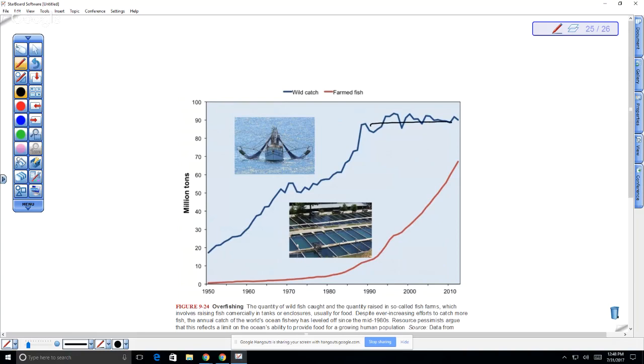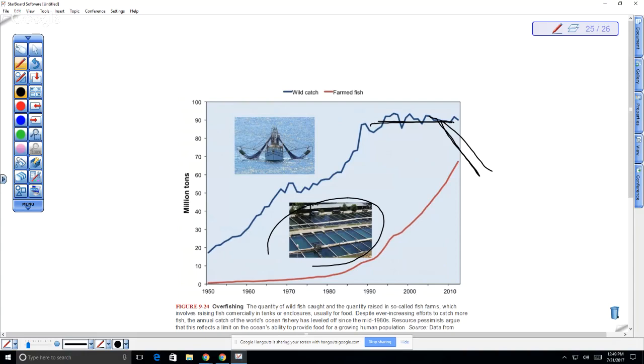We had a dramatic increase between 1950 and 1990, and now it's starting to level off and even starting to decrease because we've overfished and overharvested the oceans. To compensate for this, we are creating fish farms. So through technology, we are supplementing the protein we got through wild catch with farmed fish. That would be an example of a resource optimist perspective.